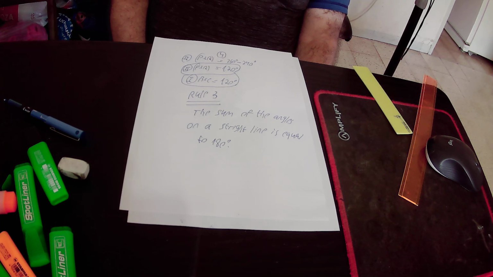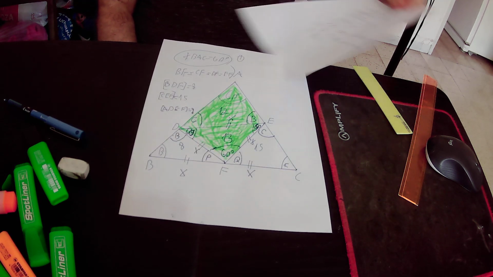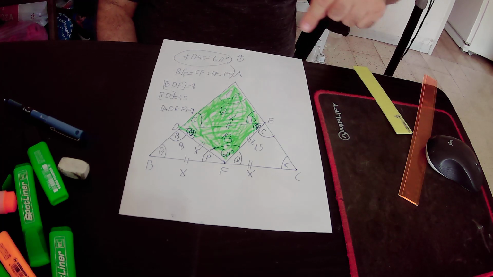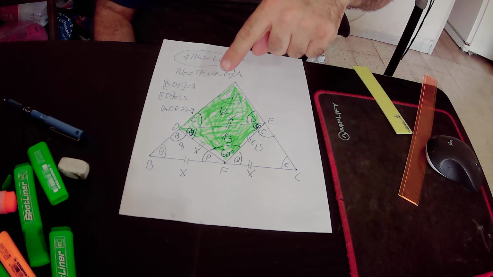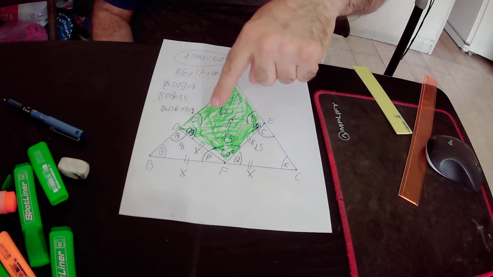And then we have rule number 3 that states that the sum of the angles on a straight line is equal to 180 degrees. So we focused on the straight line AB.